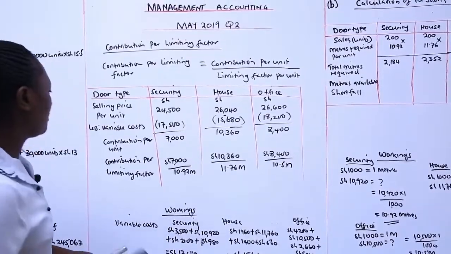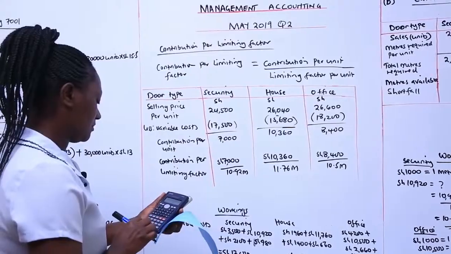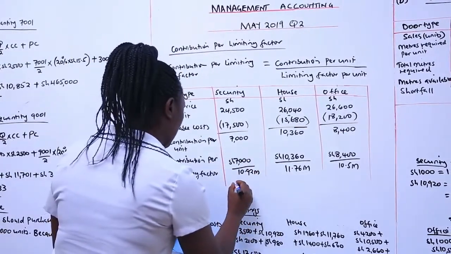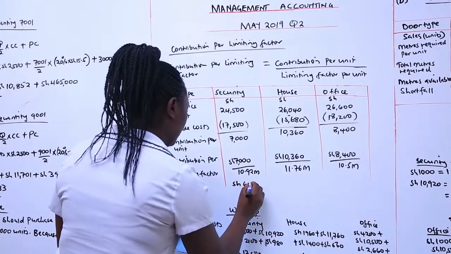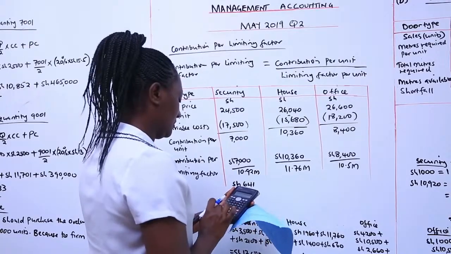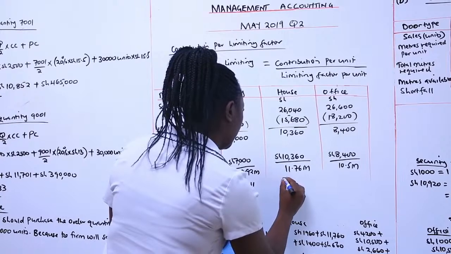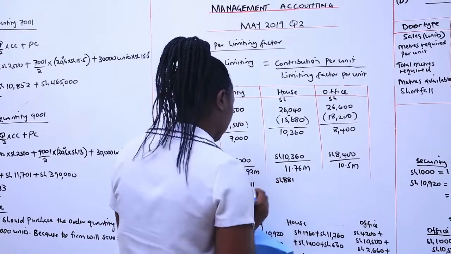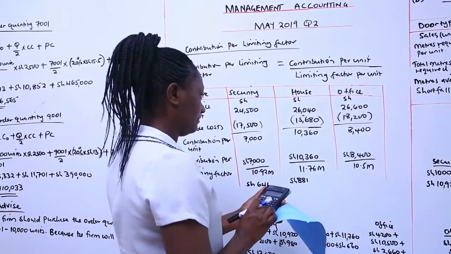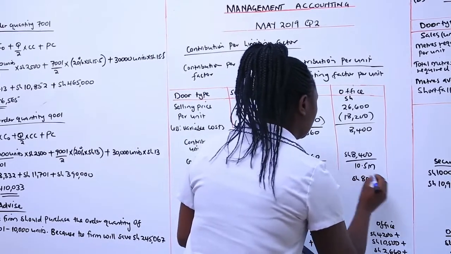So this will give us contribution per limiting factor. For security, we'll have 641 shillings. For house, we'll have 881 shillings. Then for office, we'll have 800 shillings.